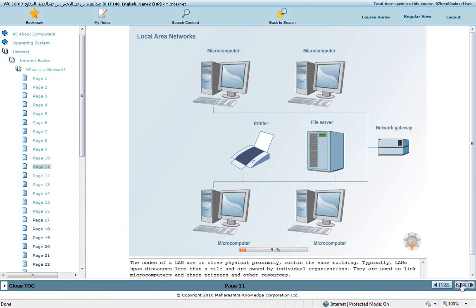The nodes of a LAN are in close physical proximity within the same building. Typically, LANs span distances less than a mile and are owned by individual organizations. They are used to link microcomputers and share printers and other resources.